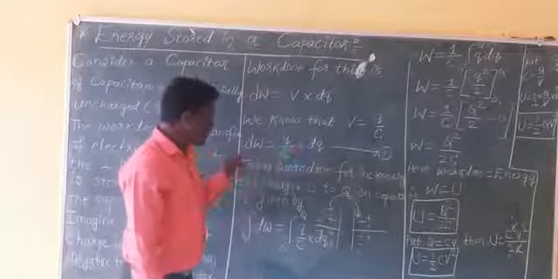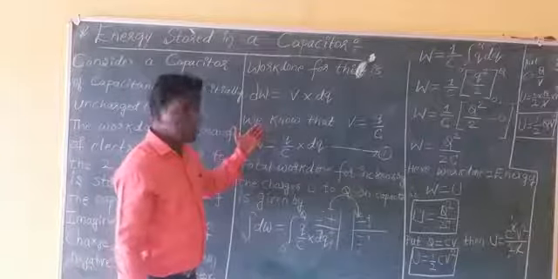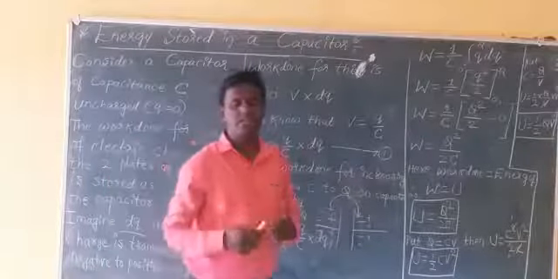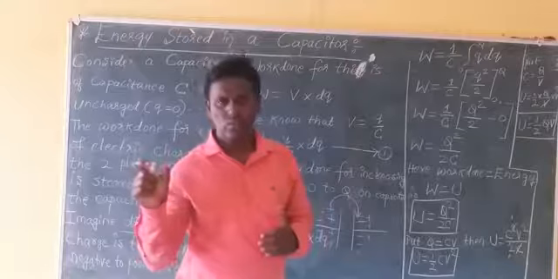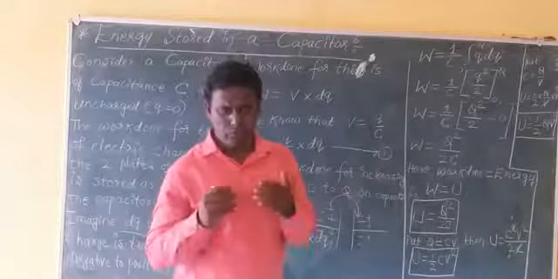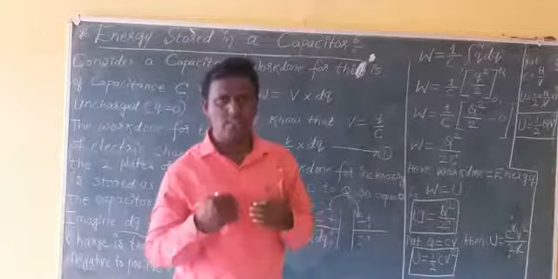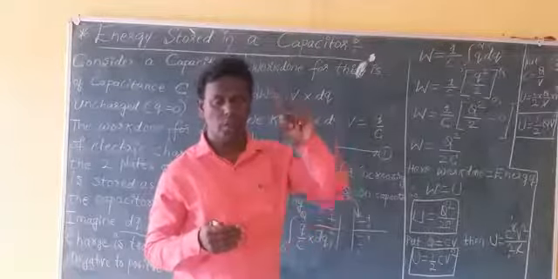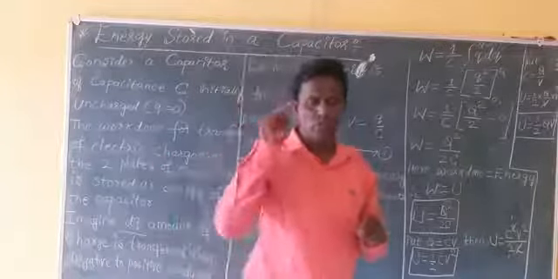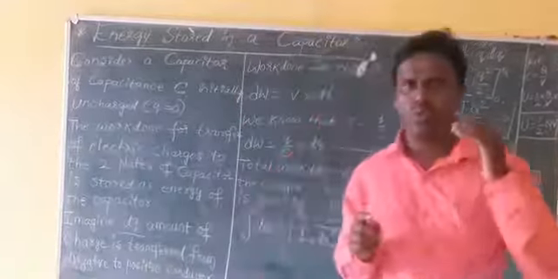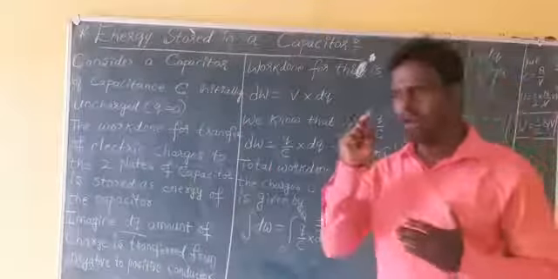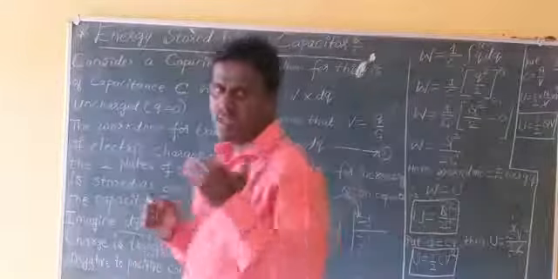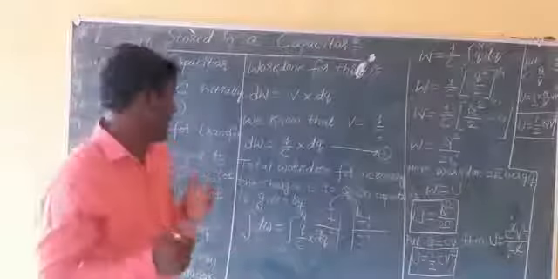This is to increase the charge by dQ amount. If I want to increase the charge of a capacitor from 0 to Q, capital Q is the maximum charge that can be given to a capacitor, right?